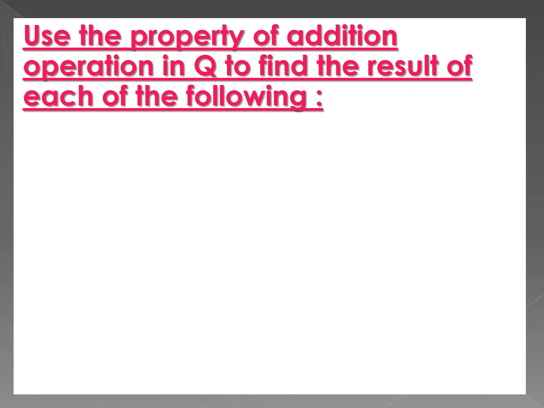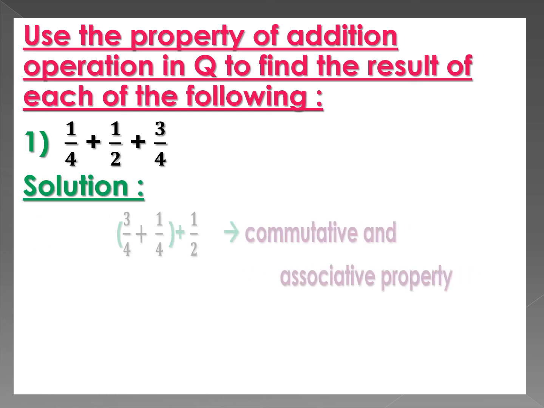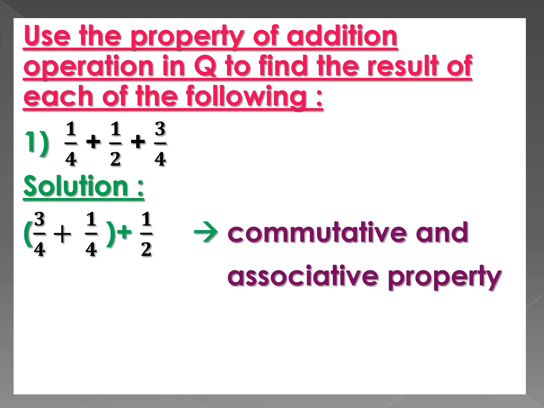Use the properties of addition operation in Q to find the result of each of the following: 1 over 4 plus 1 over 2 plus 3 over 4, without using a calculator, using only the properties of addition operation in Q. First we use the commutative property as follows, and put brackets, so it will be the associative property.